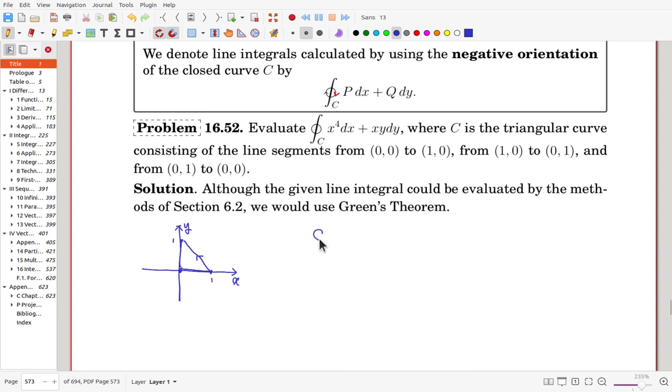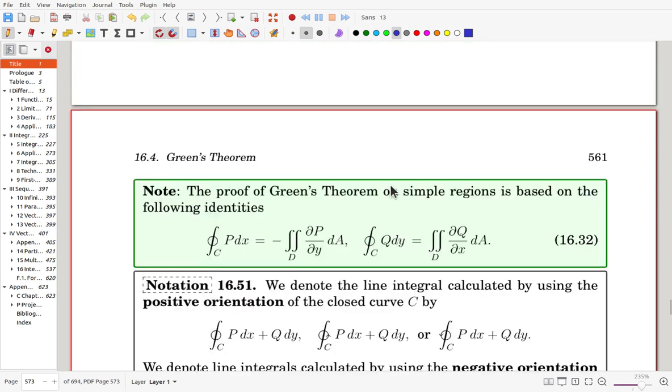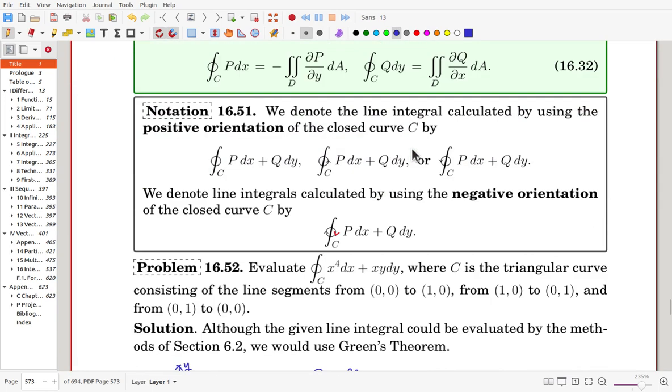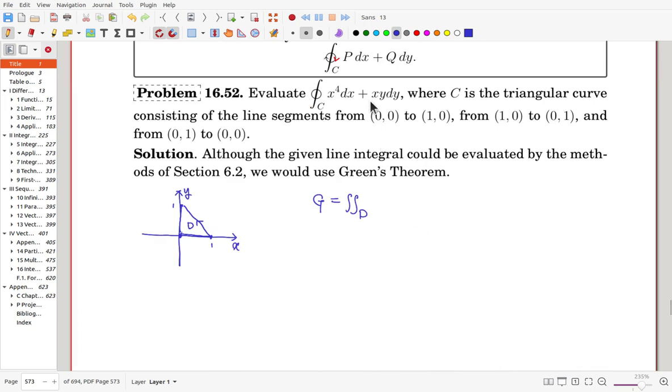The given integral, now we call the region D, is the same as the region integral over D of Q_x minus P_y. Q's x derivative is y, minus P's y derivative, but that must be 0, dA.